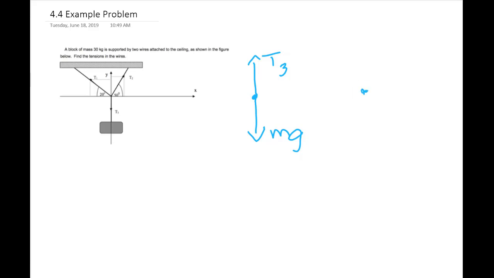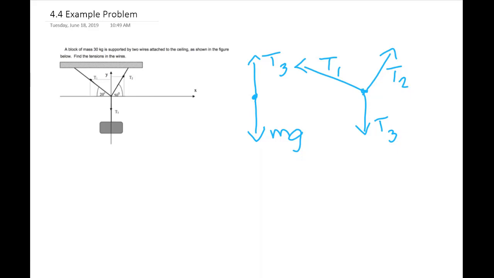For my second free body diagram, tension 3 is now pointing down because wire 3 really transfers that weight, that force, into wires 2 and 1. Okay, so those are my free body diagrams.